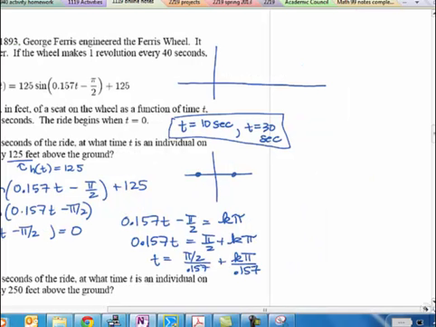The middle of this graph is going to be at the height 125 because it's all been shifted up 125 units. And the amplitude is 125, so it's going to go as high as 250 and as low as 0.